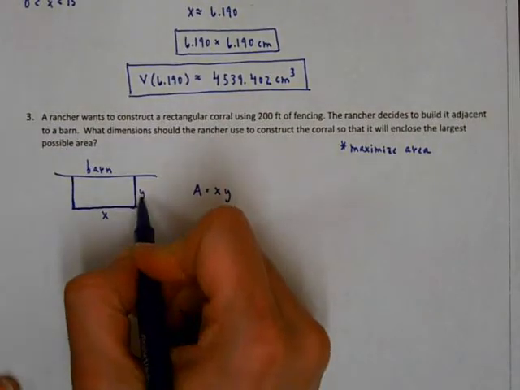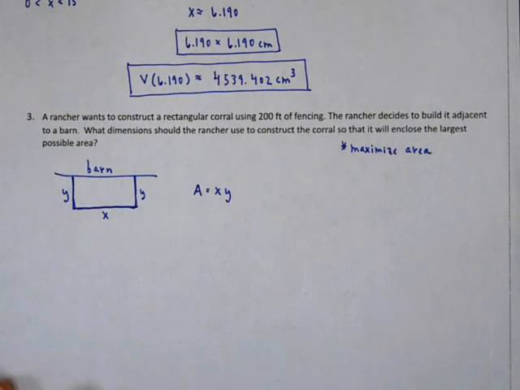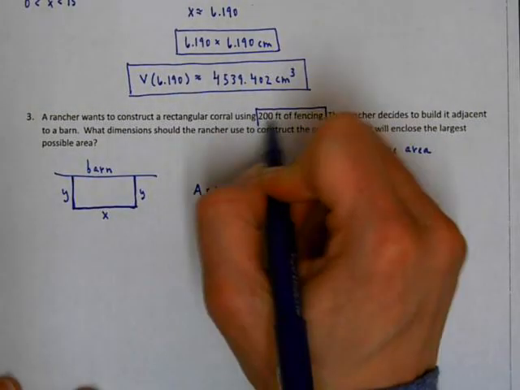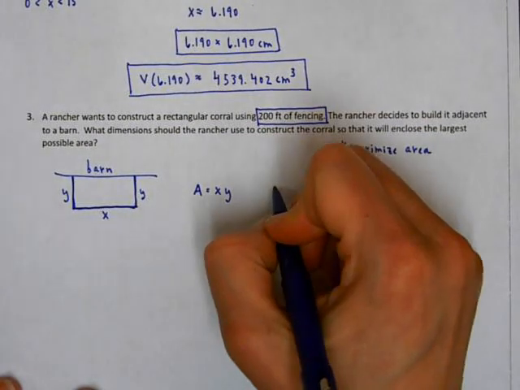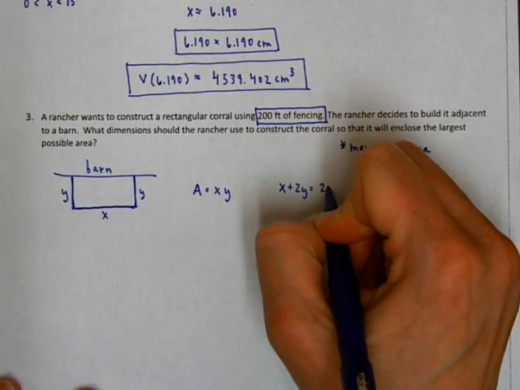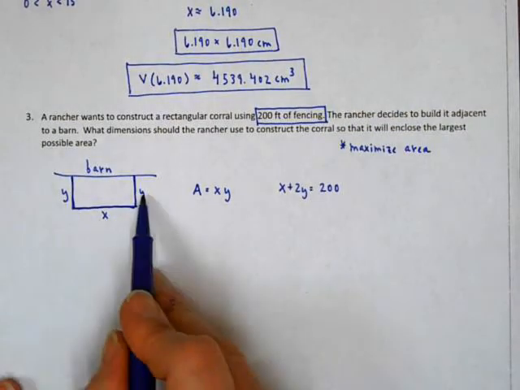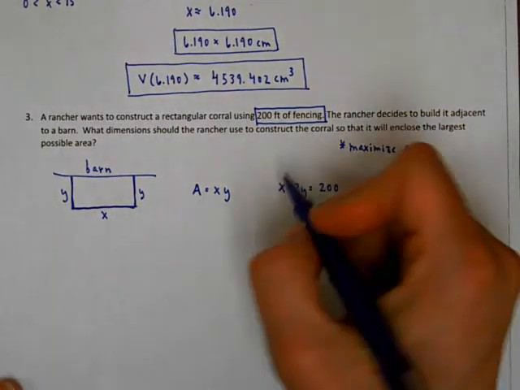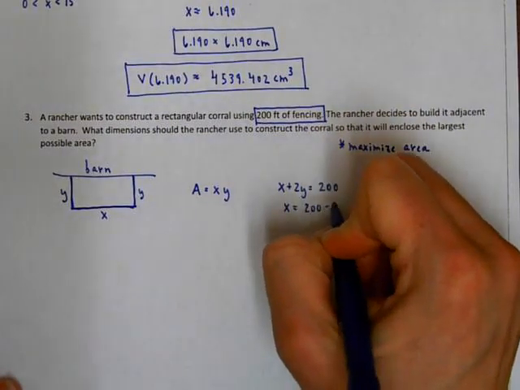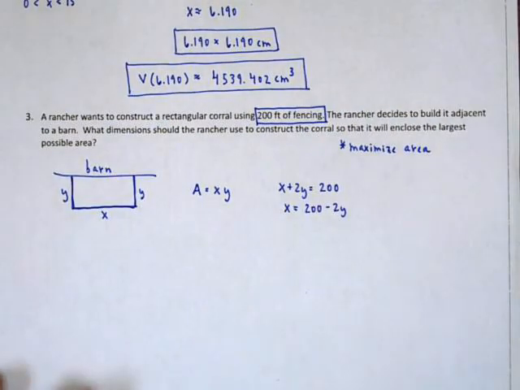I know if this is y, this dimension is also y. And I'm going to use the fact that I have 200 feet of fencing. So that tells me that x plus 2y has to be equal to 200 because that represents the amount of fencing I'm using. So now I can solve, and I know x equals 200 minus 2y.